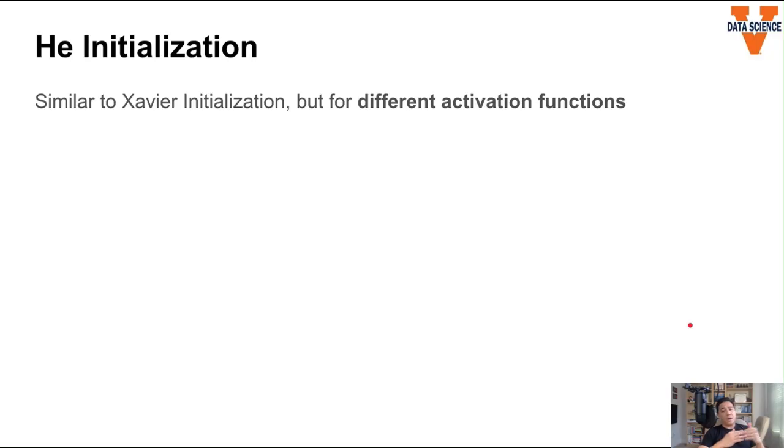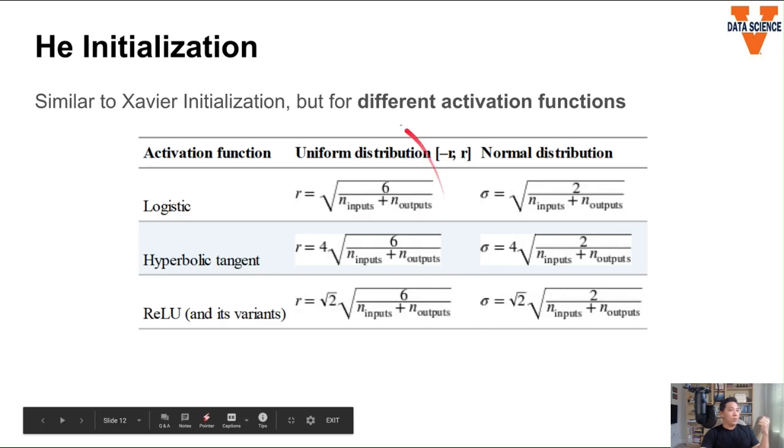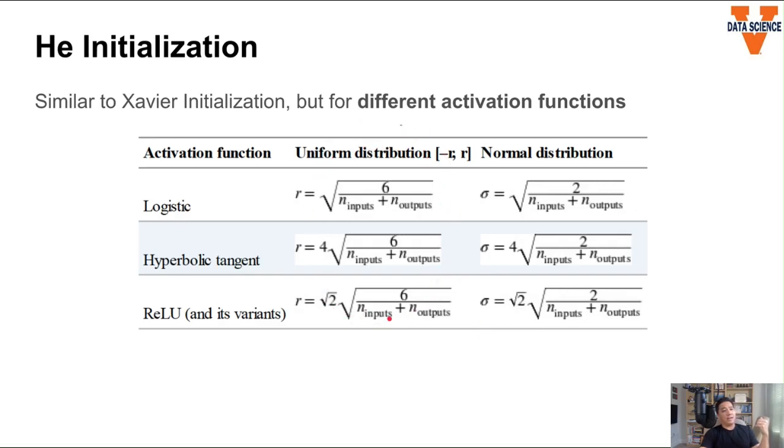Now, another researcher, he and his group, extended the Xavier initialization to apply to multiple activation functions. And this is the summary of the initialization depending on whether it's logistic, hyperbolic tangent, or tanh, or the ReLU, and its variance. So if you decide to use uniform distribution, you can use this formulation to calculate the weight.